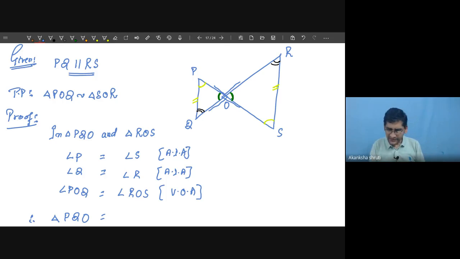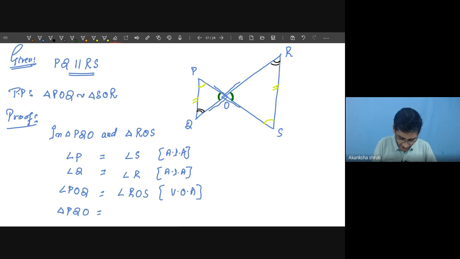So first, writing the first triangle name, you are free to write. You may write triangle PQO or triangle POQ, that doesn't matter. Okay, but while writing the similarity, going for similarity, now no equality, but we need the similarity. So therefore, write it as you wish. So let me write the triangle PQO itself. You can also write as POQ, okay, or OPQ.